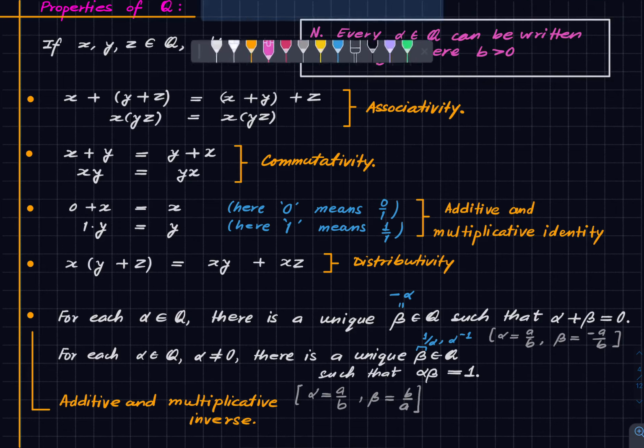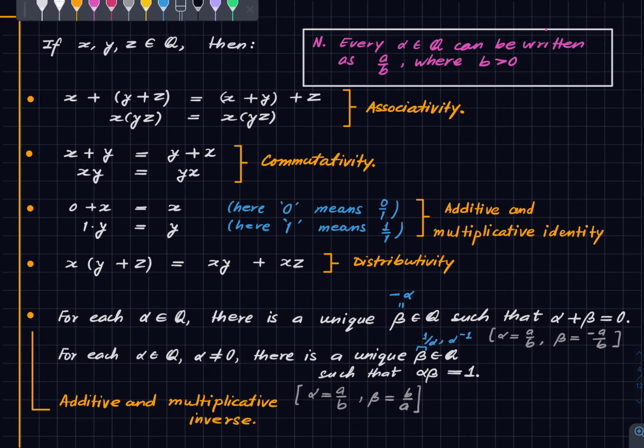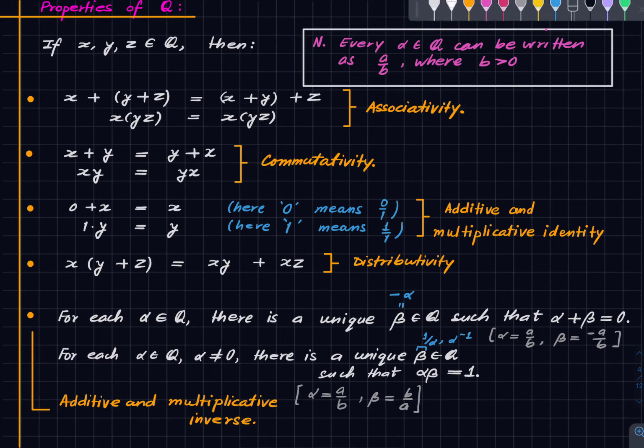Right? You can always write a rational number in that fashion. Why is that? Because suppose you had 2 by minus 3, that you can just write as minus 2 by 3. So it's a very simple thing.